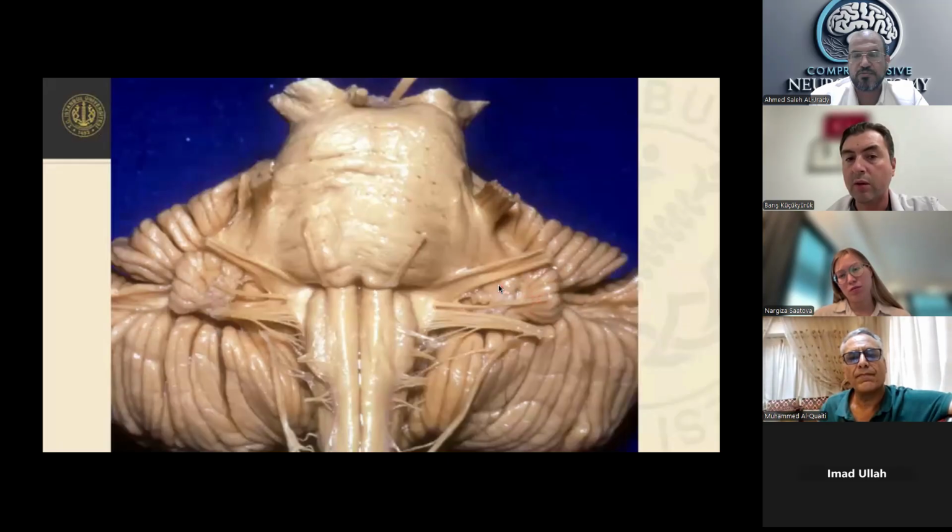Just medial to it there is the choroid plexus, and just medial to it there is the foramen of Luschka, which is bordered by the seventh nerve, eighth nerve, and the ninth nerve. When we go to the medulla, there is the bulbus, there is the pyramid, and between the pyramid and the olive exits the 12th nerve, which is the hypoglossal nerve. So we're going to focus on the third nerve, sixth nerve, and the fourth nerve in this talk.